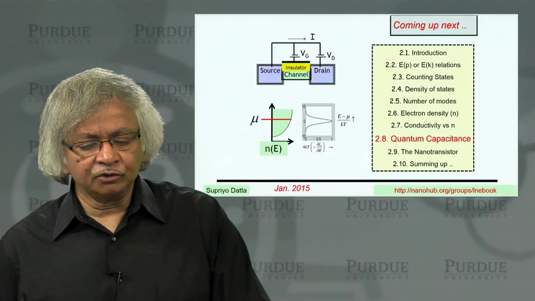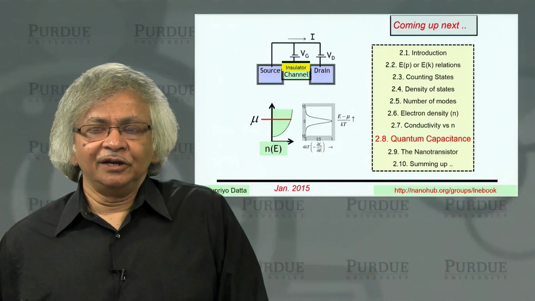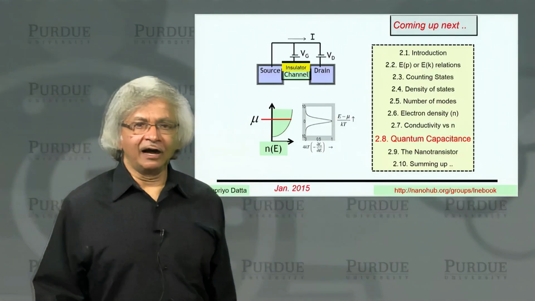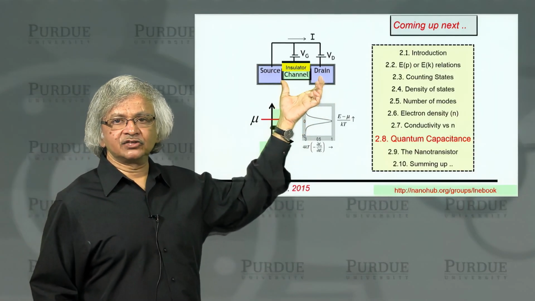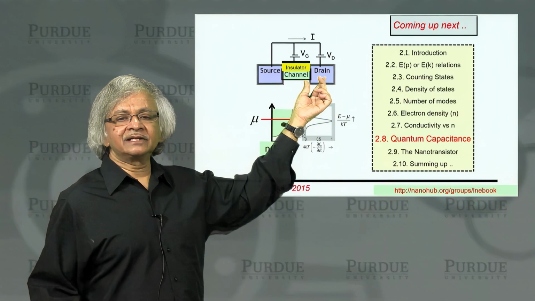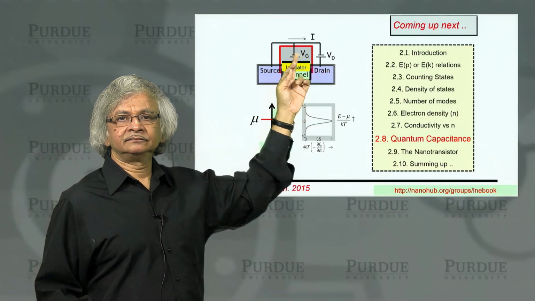So in the remaining 2 lectures of this unit, what we want to do is introduce this third terminal. So far we have been talking about devices as if there are 2 contacts and a channel. But in practice, of course, a transistor has a third terminal.